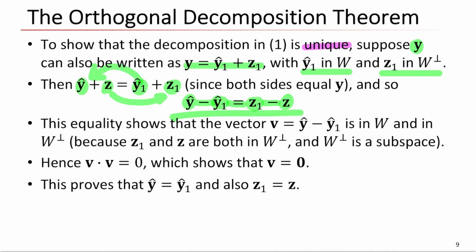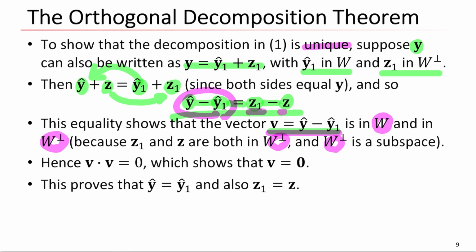And this equality shows that the vector v, which is y hat minus y1 hat, is in W space and W perpendicular space, because z1 and z are both in the W perpendicular space, and W perpendicular is a subspace, right?